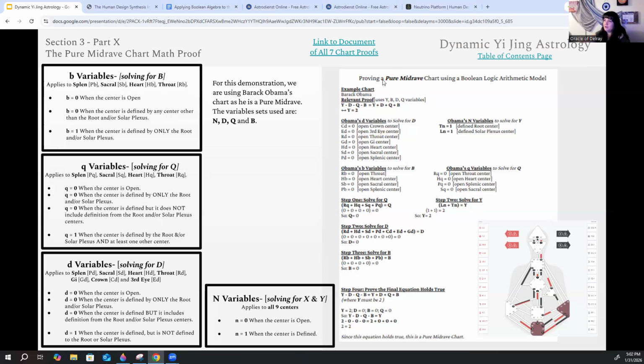Otherwise, it's not a pure mid-range chart. This is the only chart where it's just one type of definition. It's a projector type of definition, but this is the only definition for that category, because this is a system based off of these two chakras. That's how it fits. So they're kind of like the reflector of my system, basically.